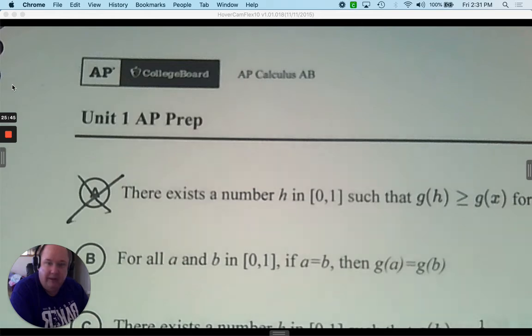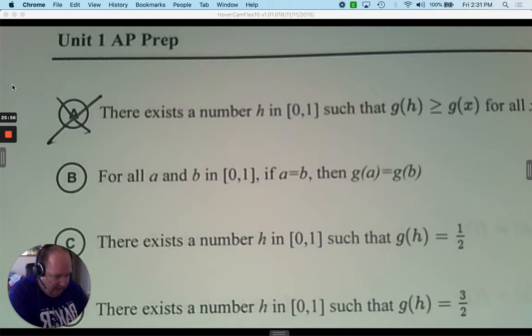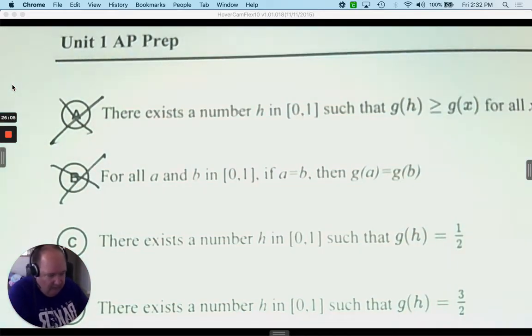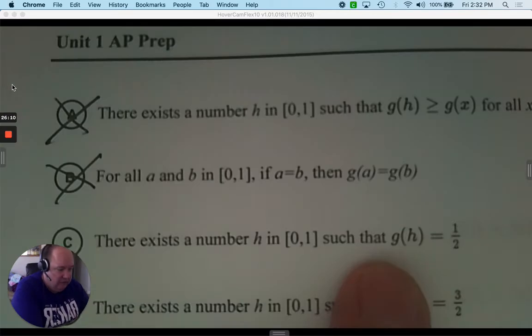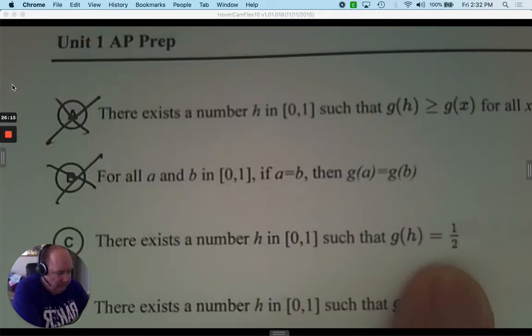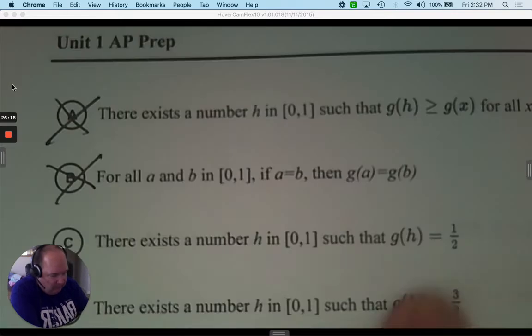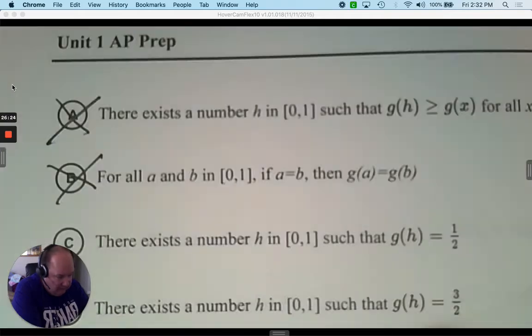For all a and b from 0 to 1, if a equals b, then g of a equals g of b. There's nothing there that says that at all. There exists a number h from 0 to 1 so that g of h equals a half. If this is continuous, there exists a number between 0 and 1 such that g of h equals 3 over 2.